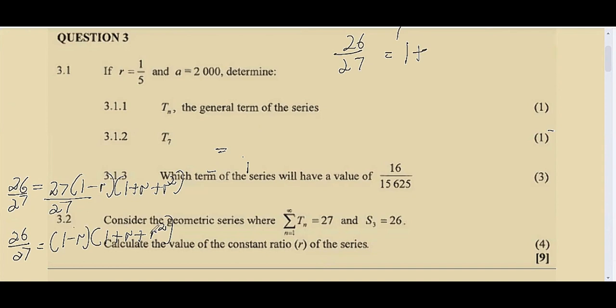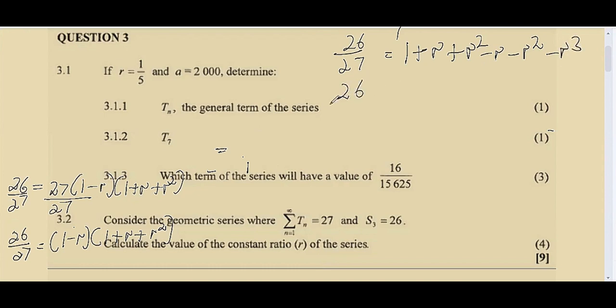And then 1 multiplied by R, that's R. 1 multiplied by R squared is R squared. Now let's multiply with the negative R. Negative R multiplied by 1 is minus R. Negative R multiplied by R is minus R squared. And then minus R multiplied by a positive R squared is minus R cubed.